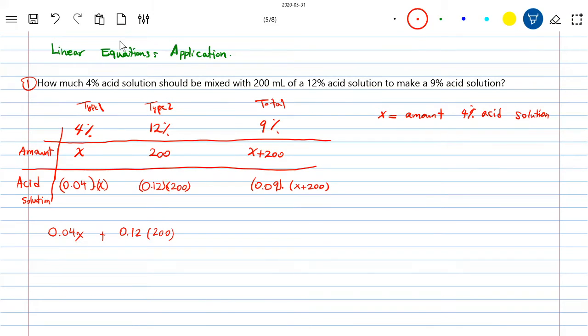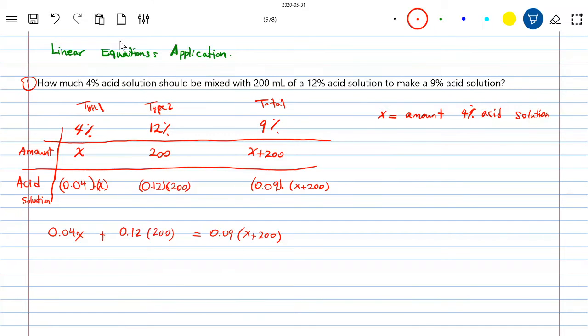And in total, we'll get 0.09 times x plus 200. And this is just a linear equation. It has only one variable x, and it has degree at most 1. There's no denominator. All the coefficients are real values.